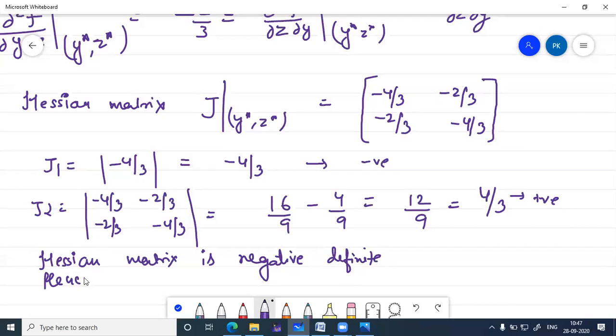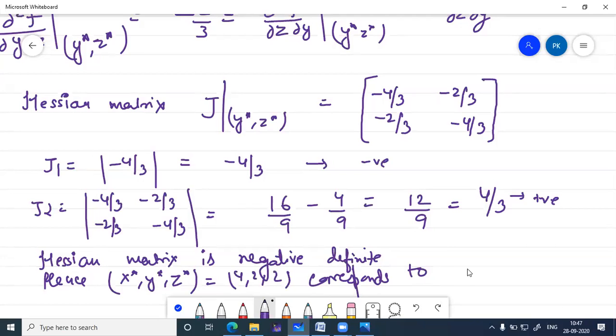Hence, x star, y star, z star, this is our stationary point which we have evaluated, which is 4, 2, 2, corresponds to the maximum of function x, y, z. So this is the technique for evaluating by substitution.